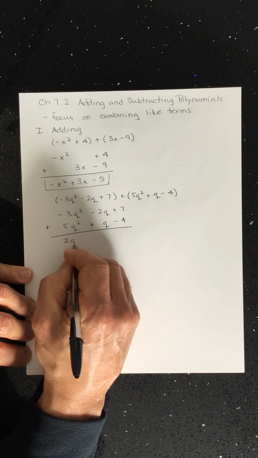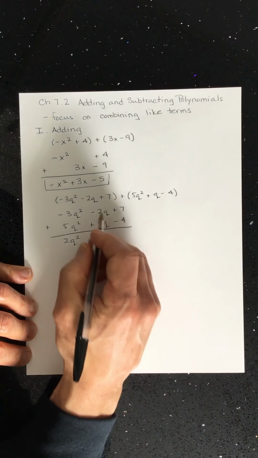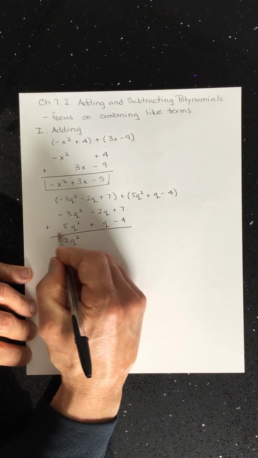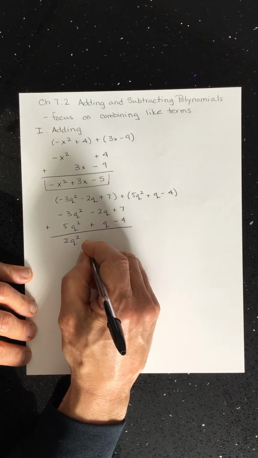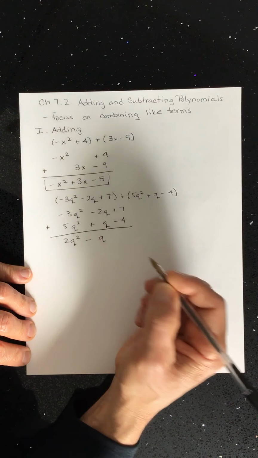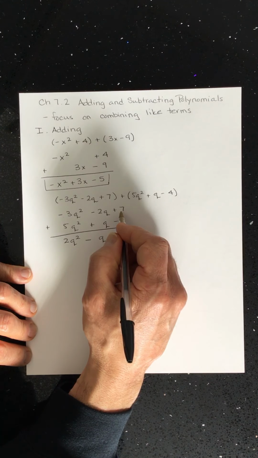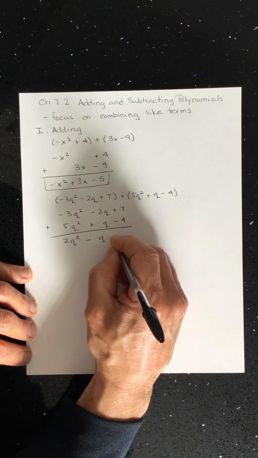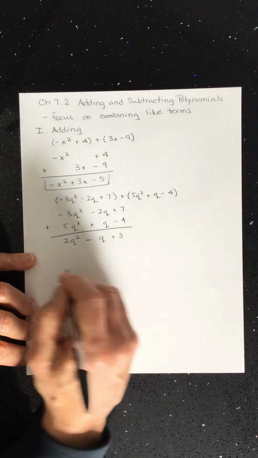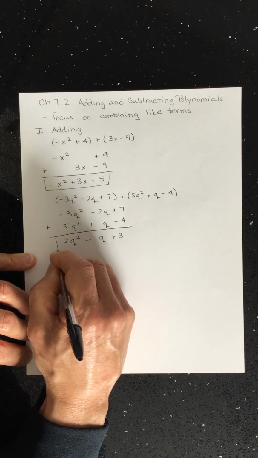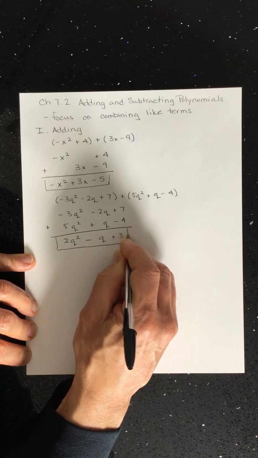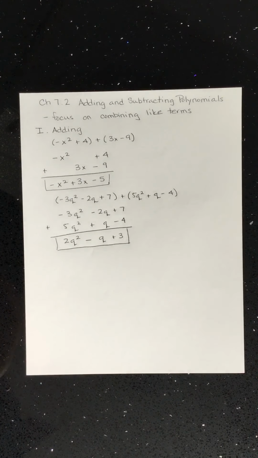That's a 2q squared. We have negative 2q plus q, which is going to be negative q. And then 7 plus negative 4 is 3. And so our answer is negative 2q squared minus q plus 3.